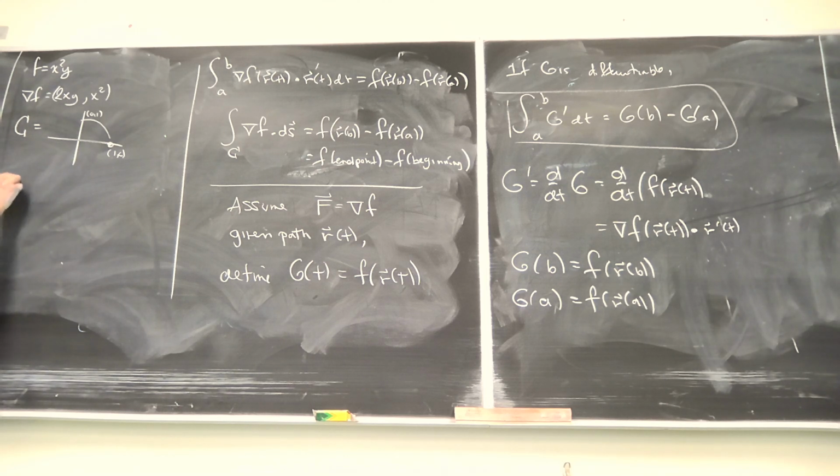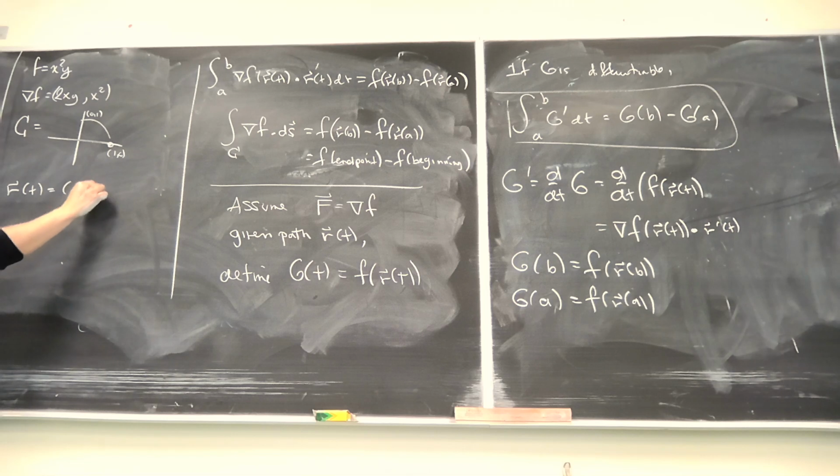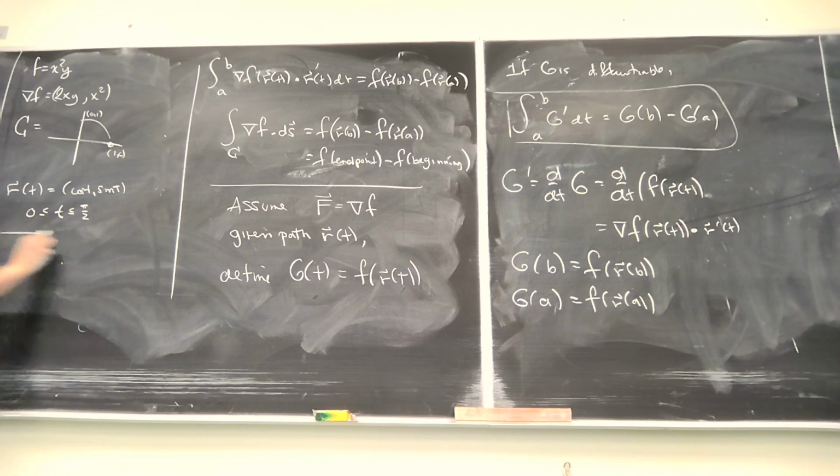One way to produce that curve would be with the path r of t equal to cosine t, sine t, where t goes from 0 to pi over 2. So I could ask you, calculate the integral over that curve of the gradient of f dot ds.